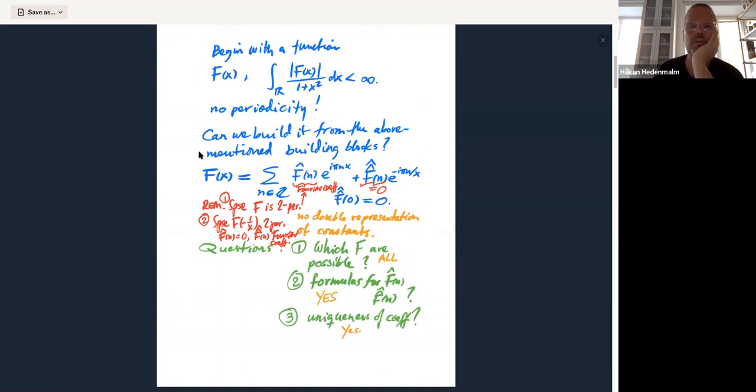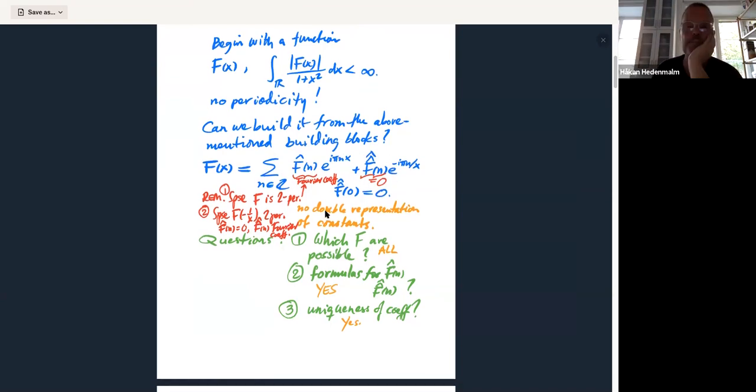It's a formula for representing any function f in terms of two sets of Fourier coefficients. One is the ordinary kind of Fourier coefficient, and the other one is some kind of nonlinear Fourier series. Okay?